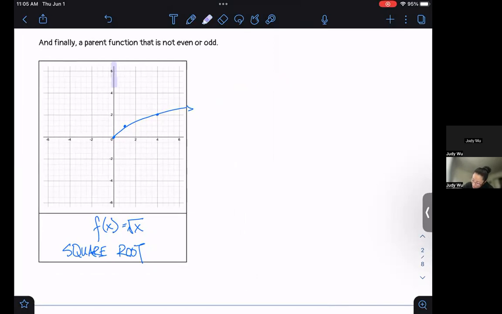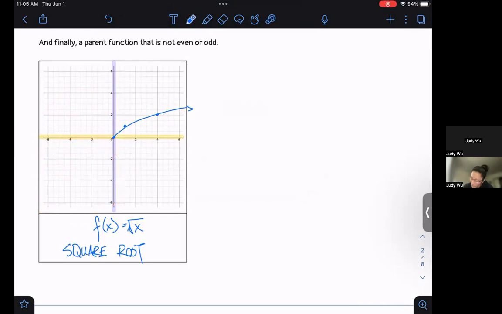Now, this is the whole function. If I think about the y-axis here, I notice that if I flip this over the y-axis, it's not going to match with anything because there's no picture on this side. So it's not even. To check whether it's odd from a graph, we would sketch in this other line. That would mean this point, 4, 2, would move here and then ultimately down here. But we run into the same issue: there's no picture down here.